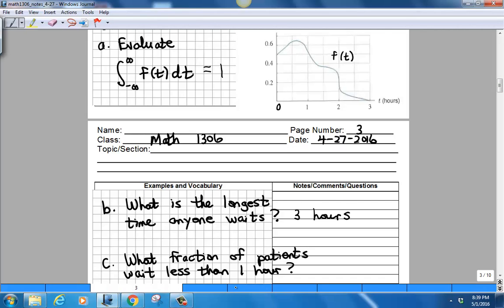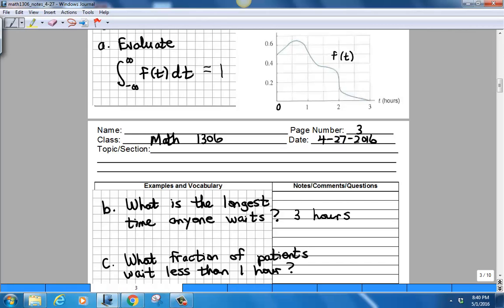Answering a question like this, what fraction of patients wait less than 1 hour? Okay, so there are the waiting times from 0 to 1 hour. So again, we're interested in how many of these patients, or not how many, but what fraction, what percentage of these patients wait less than 1 hour.